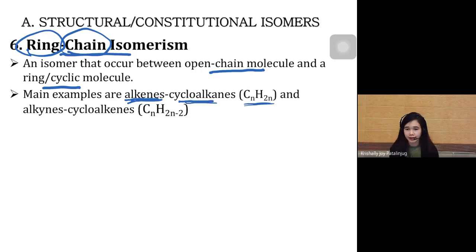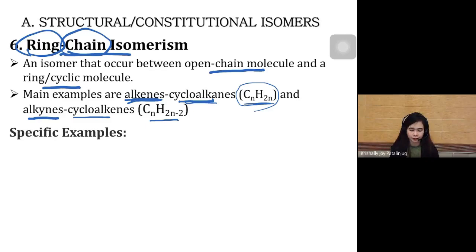Cycloalkanes is a cyclic molecule, so they have the same general formula, CnH2n. The same with alkynes, to that of cycloalkenes. Diba? The same yung general formula nila, CnH2n minus 2. That is why they are isomers to each other. Alkynes, an open chain. Cycloalkenes, a cyclic molecule. So, pair ni sila, pair.